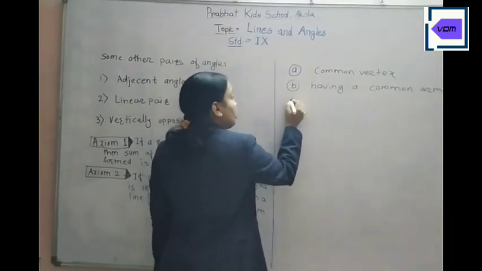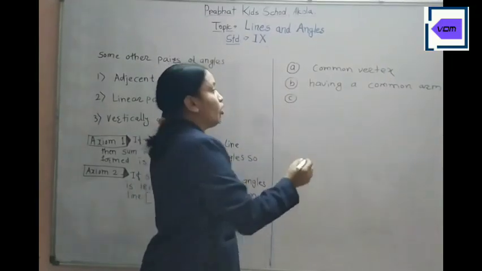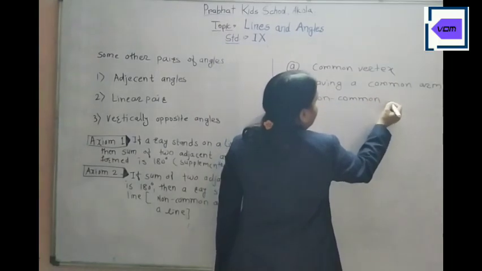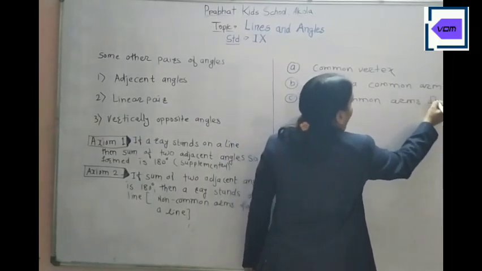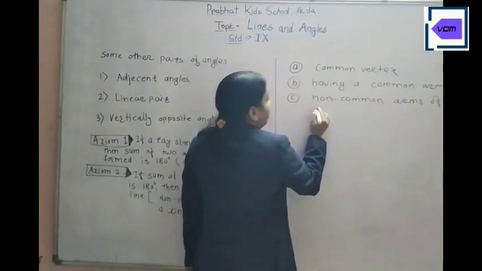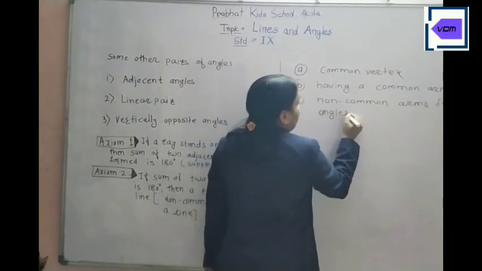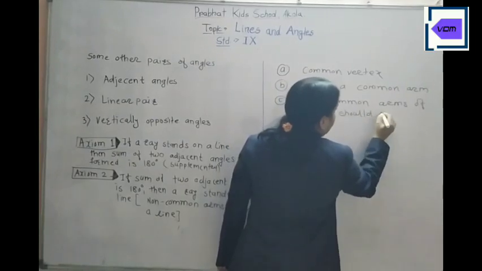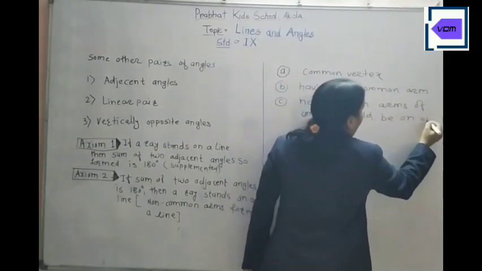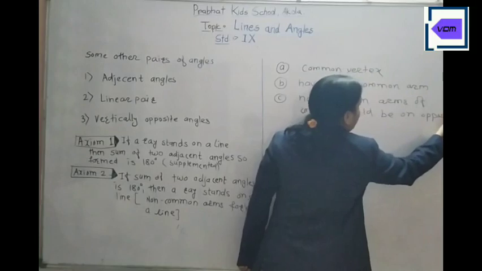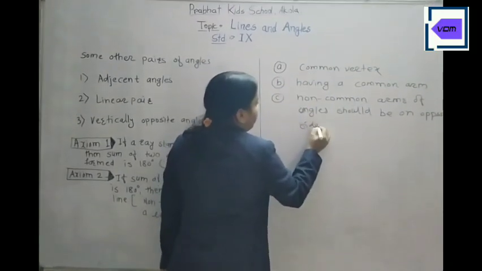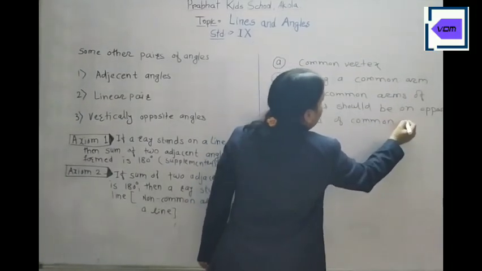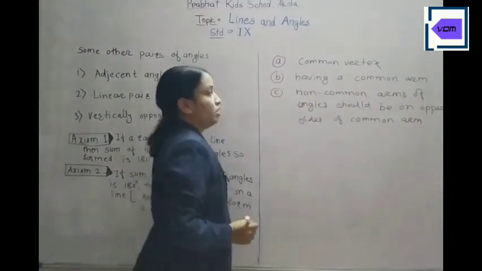And third and most important condition is the non-common arms of the angles should be on opposite sides of the common arm. These are the three conditions.